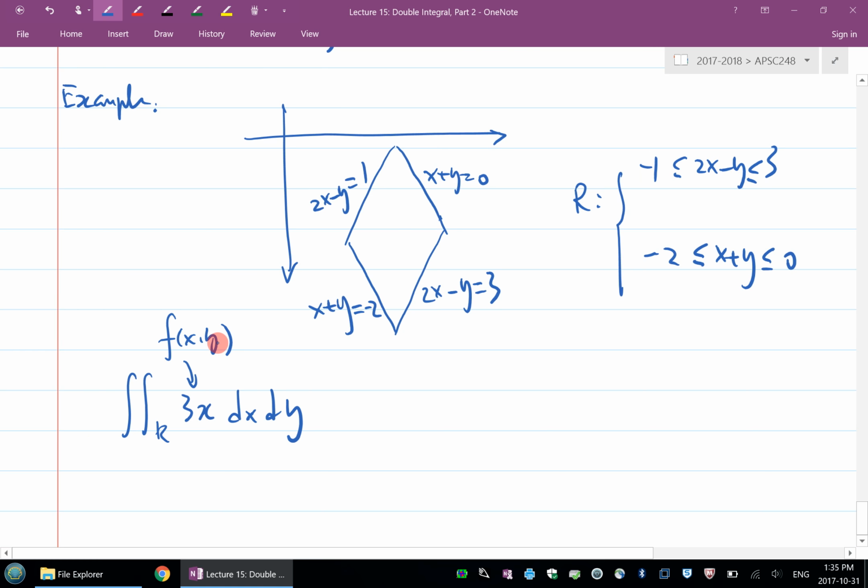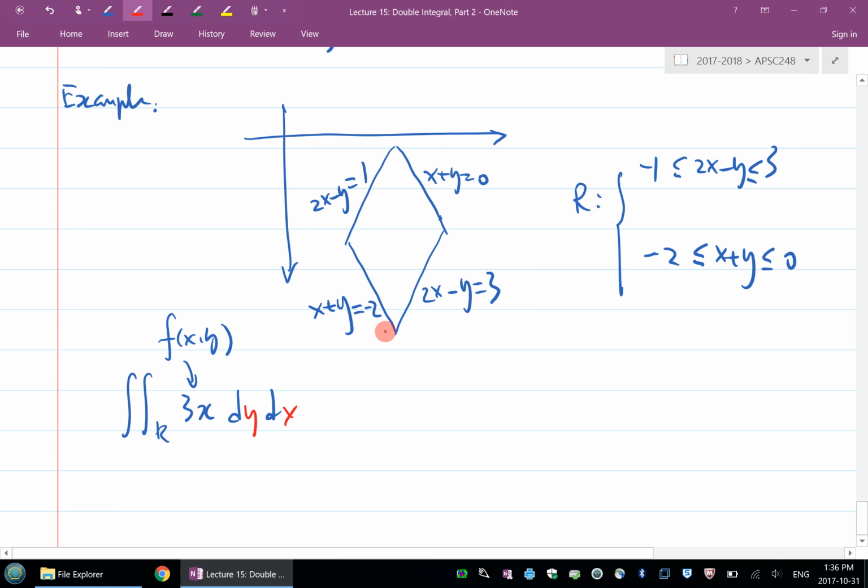To evaluate this double integral, I'm actually going to come to the properties right after this. If you evaluate it using Cartesian coordinates, forget about the change of variable first and just think straight in Cartesian. The problem is, say I decided to do dy dx as the order.